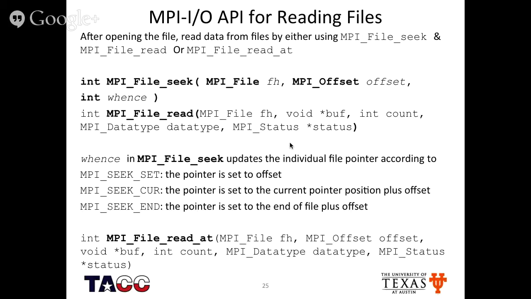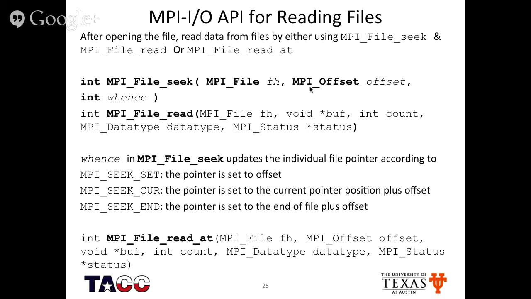After opening the file, as I told you, there are 3 ways to get to the place where you want to start writing. We are looking at 2 of them: the combination of MPI_File_seek and MPI_File_read, and MPI_File_read_at. If you look at the syntax, MPI_File_seek takes the file handle as input, and you have to specify the offset for each process, that is, where each process starts.